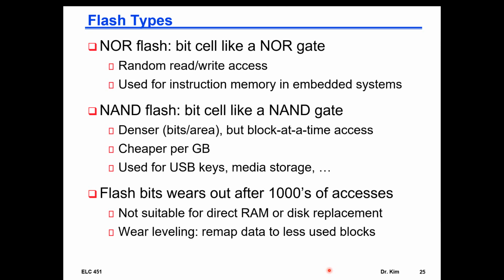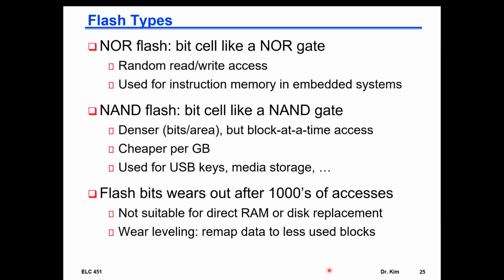You can read and write actual bytes. So if your microcontroller has Flash and it needs to access code a word at a time, then that's what you have in there. You have NOR type, okay?